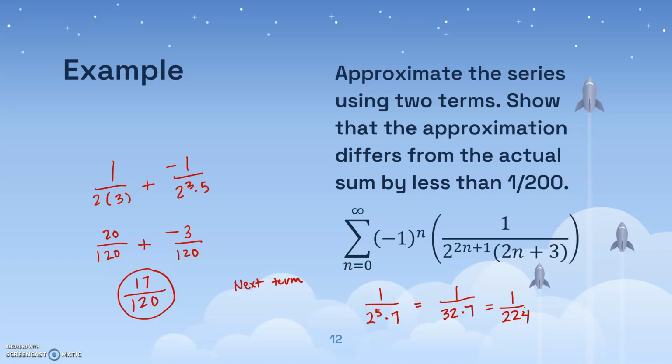So I know that my error bound, the largest that the error could be, is 1/224. So I know that 1/224 is less than 1/200. So I have just shown this using the alternating series error bound.